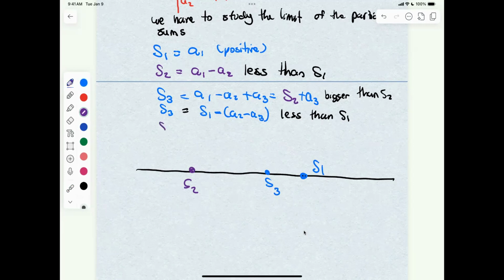to give a full argument, but then the last one would be A1 minus A2 plus A3 minus A4. So that is the third partial sum minus A4, right?